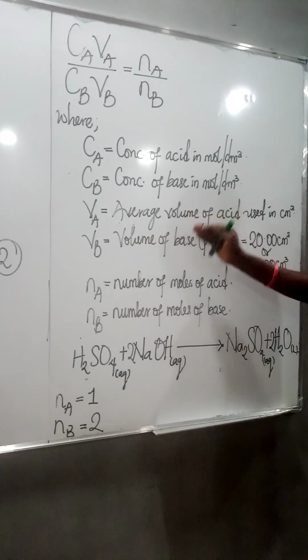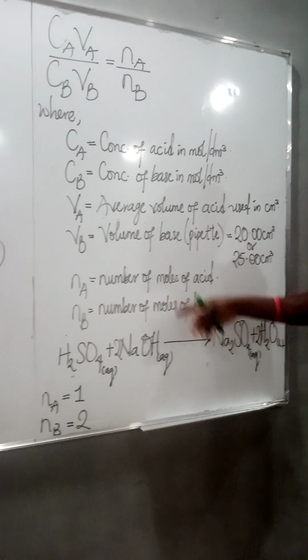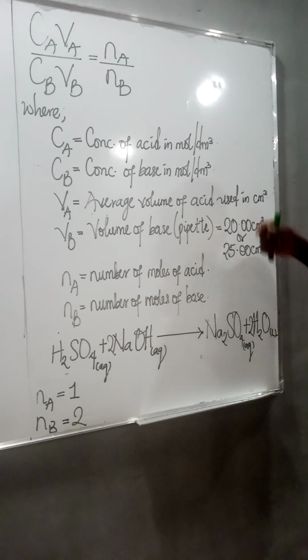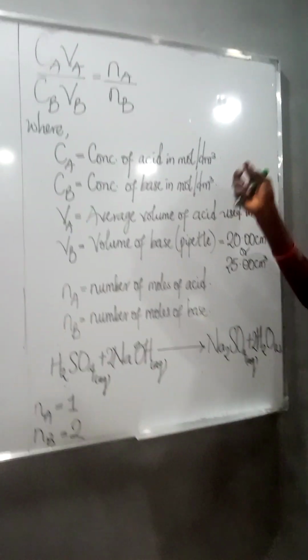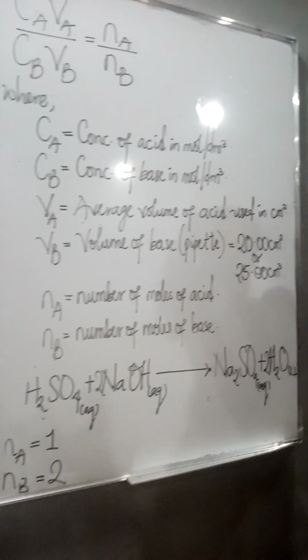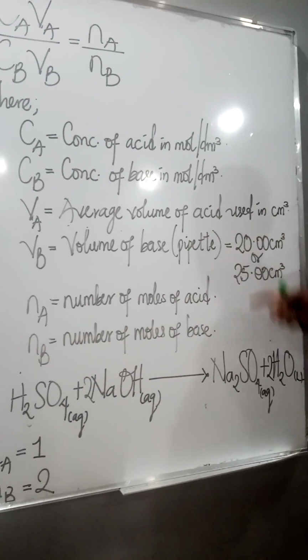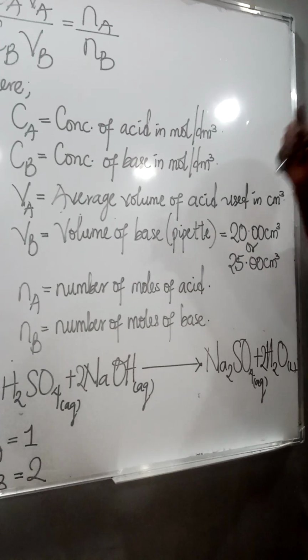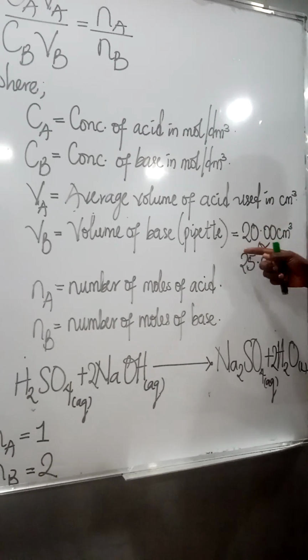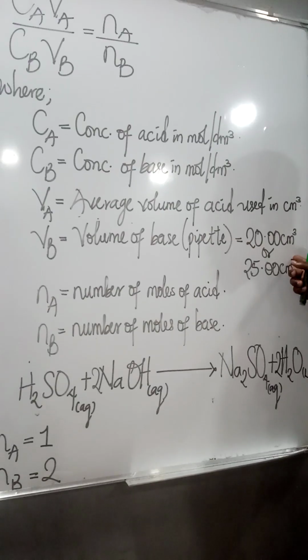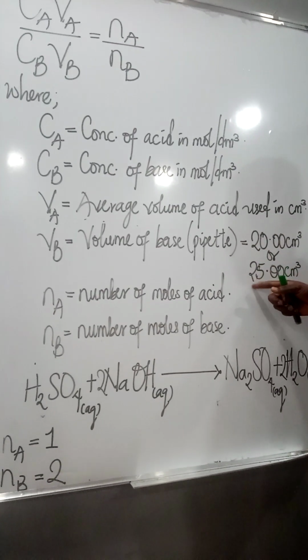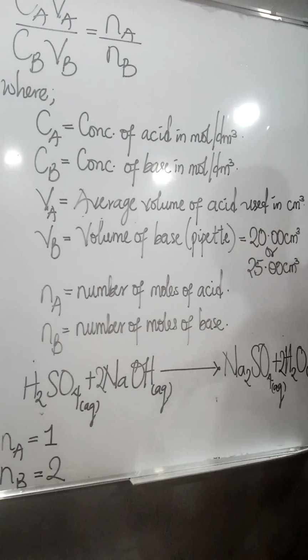Vb is the volume of base, or the volume of the pipette. Now, we have two standard values for the volume of the pipette: the 20.00 cm cube and the 25.00 cm cube.